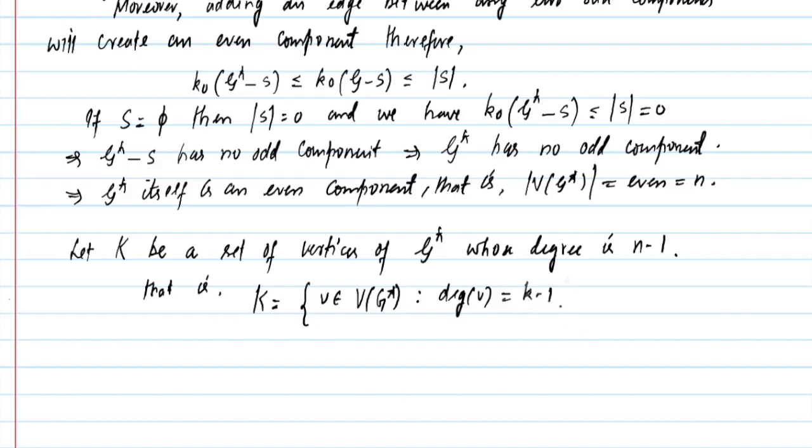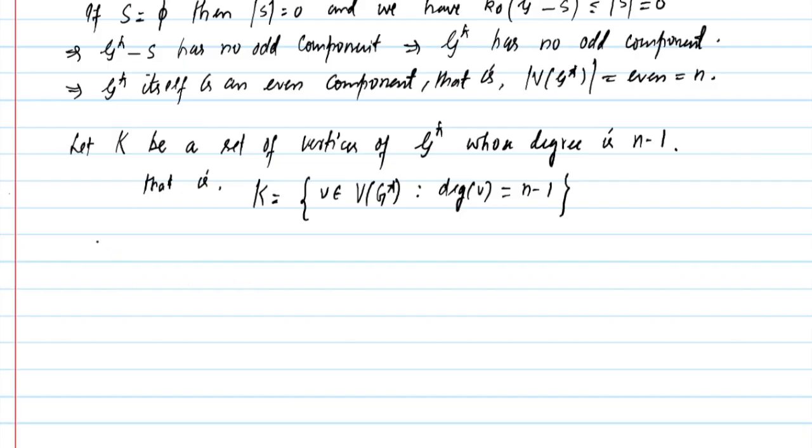Sorry, not k minus 1, it is n minus 1. So we are taking a vertex set K from G star, and every vertex in K has degree exactly equal to n minus 1. Now noting that the graph G star is assumed to have n vertices, where n is even, a vertex of degree n minus 1 means this vertex must be adjacent to all the remaining vertices of G.